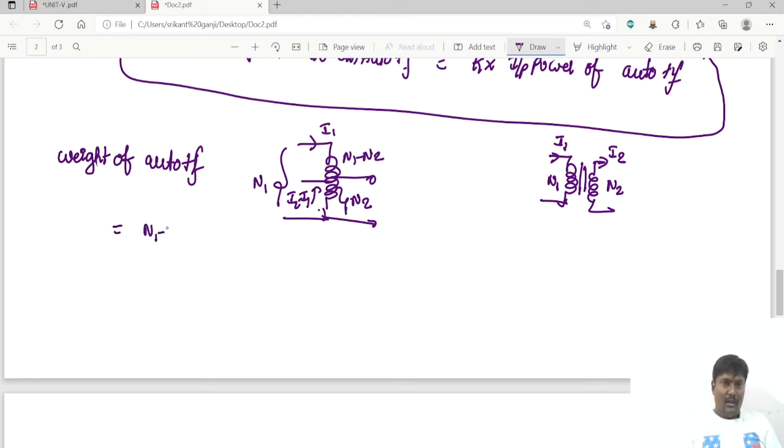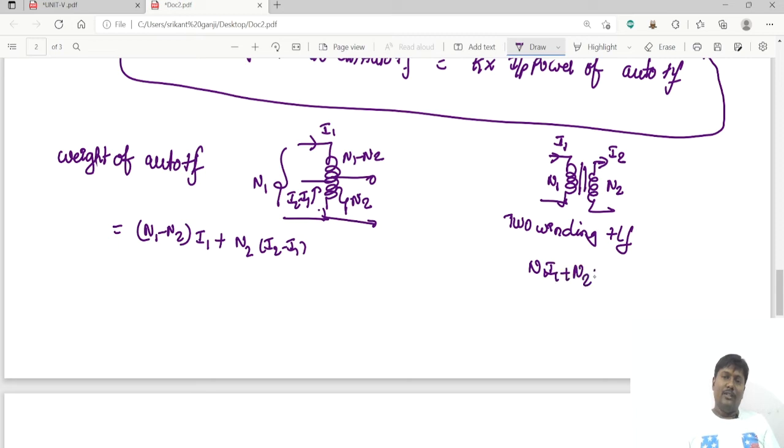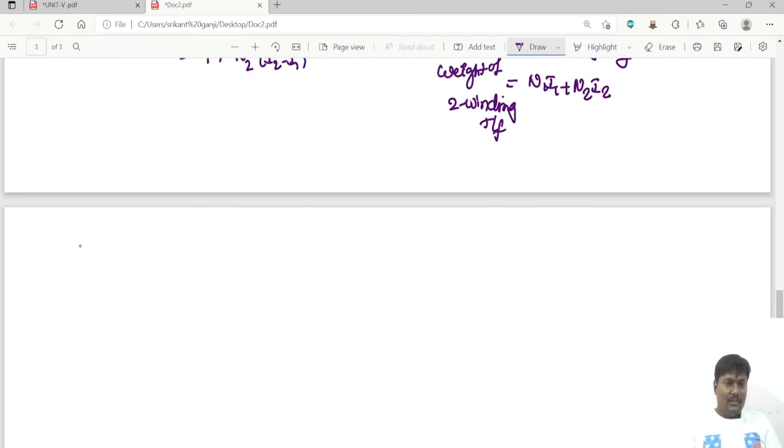So (N1 minus N2) into I1 plus, on the secondary side, N2 into (I2 minus I1). Coming to the two winding transformer, N1 I1 plus N2 into I2. This is the weight of the two winding transformer.